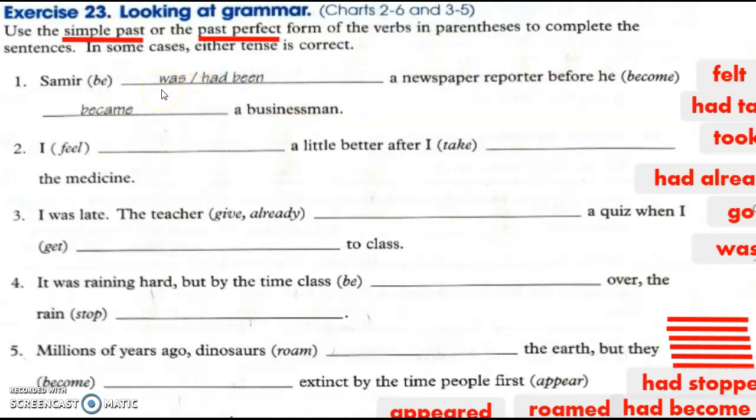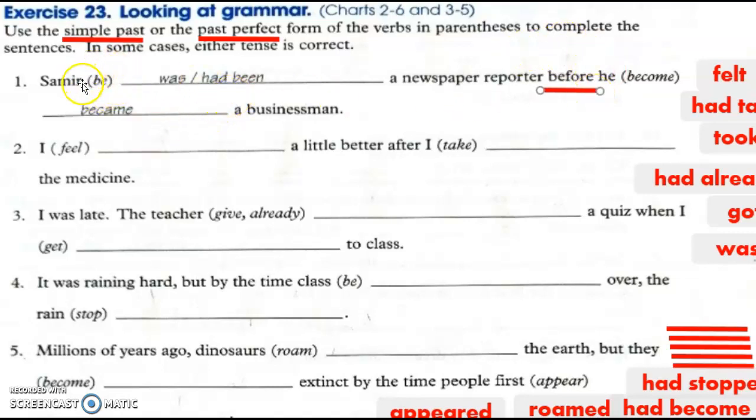So here, first of all, we always look for clues. We have the expression of time, the adverb of time before. So we know that the verb be is older than the verb become because Samir was a newspaper reporter and then afterwards he became a businessman.